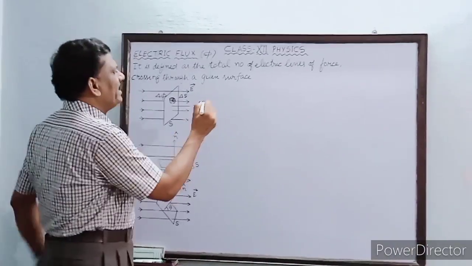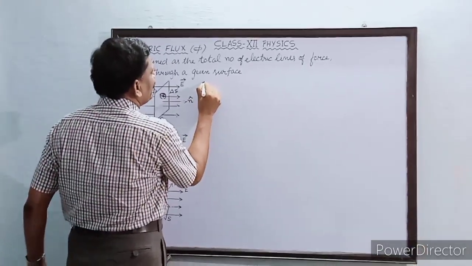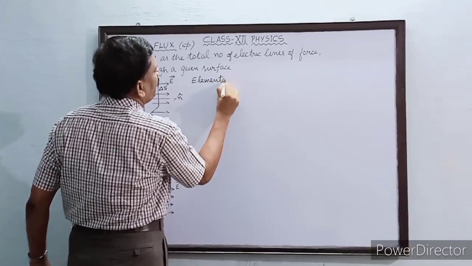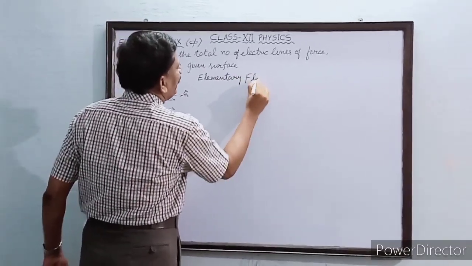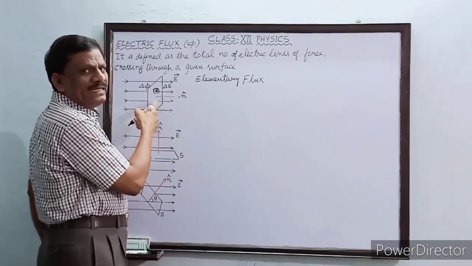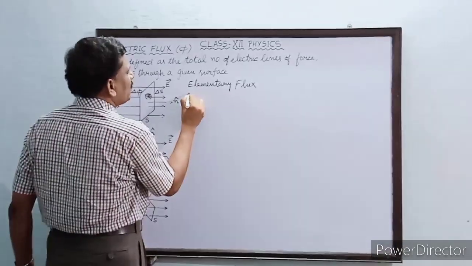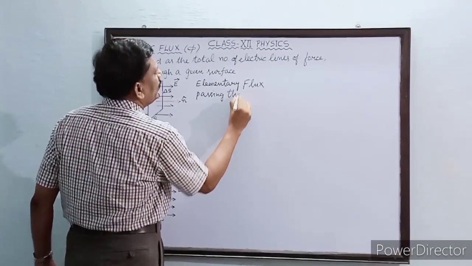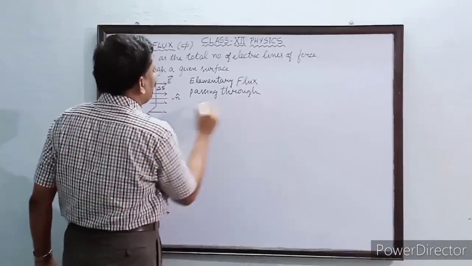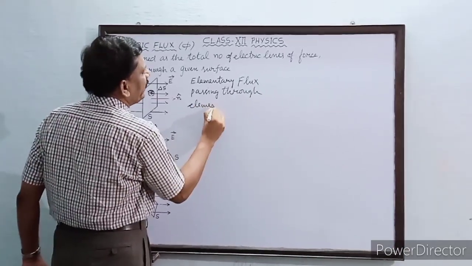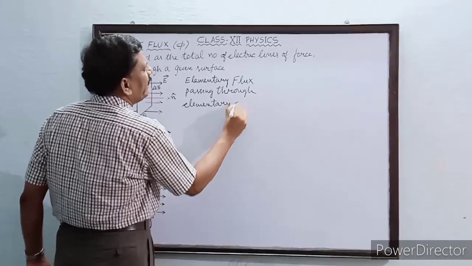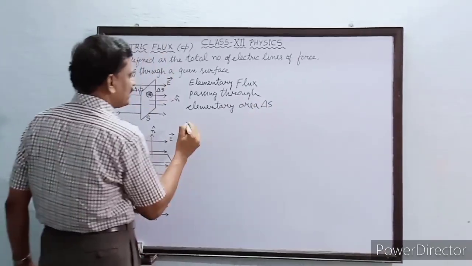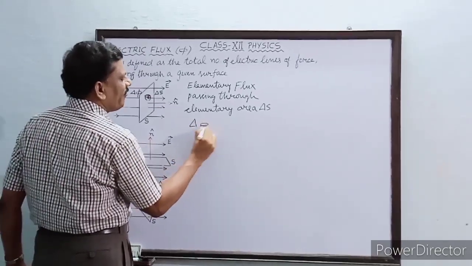Therefore, mathematically, the elementary flux, which is passing through the elementary area, that is, an infinitesimally small area delta S, is given by delta phi.